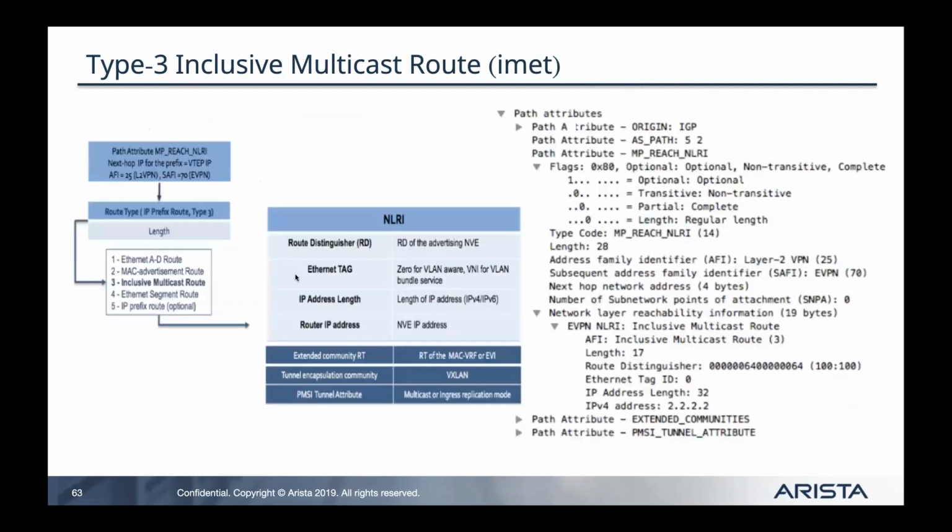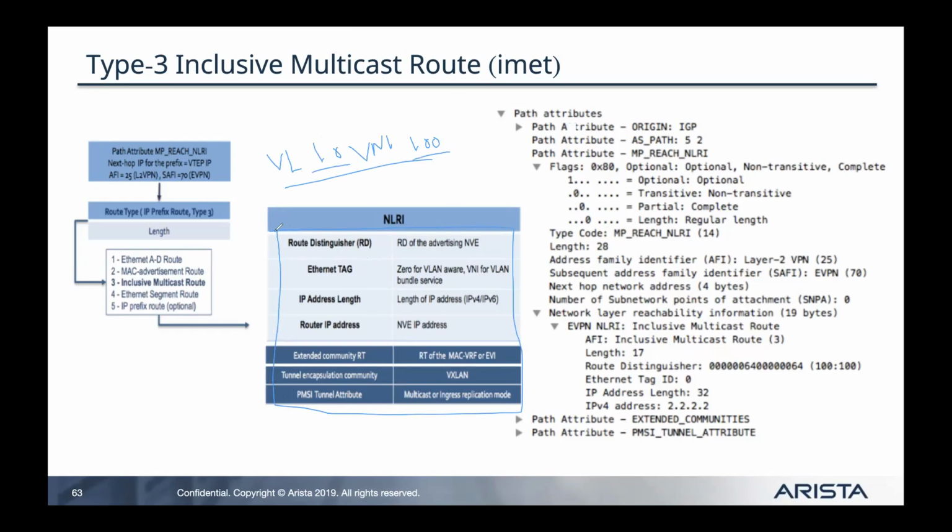As soon as you configure the VXLAN and the VLAN-based configuration under router BGP, and as soon as you configure VLAN 10 with VNI 100 under VXLAN, the VTEP will generate the type 3 route and send it, saying, I am part of this VLAN 10 and the VNI is 100.